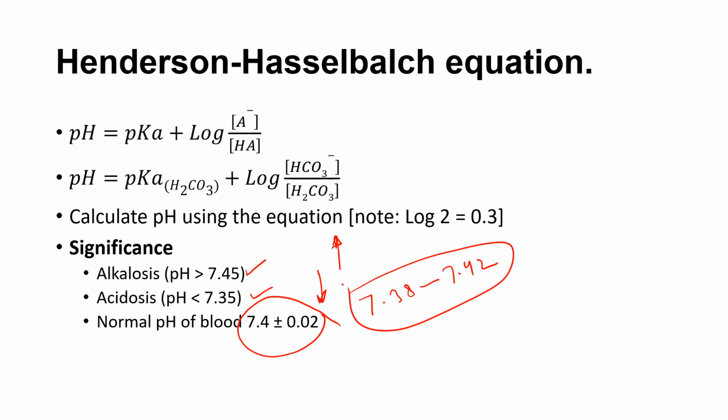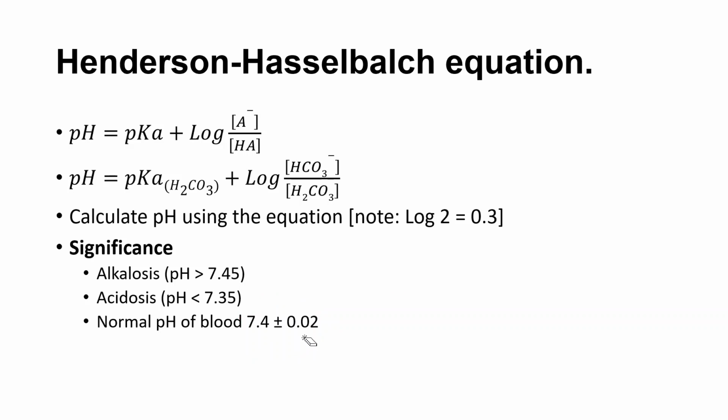This is the pH of the blood, and anything above and below will be considered an abnormality. However, by definition, if it is more than 7.45, we call it alkalosis, and if it is less than 7.35, we call it acidosis, and we have to correct it by giving a base from outside or giving a weak acid from outside to neutralize these things.